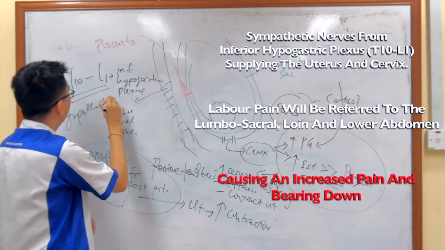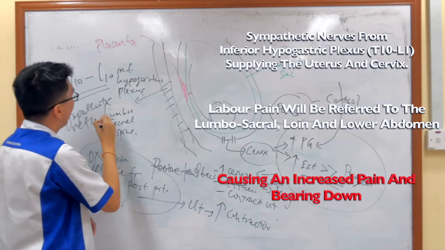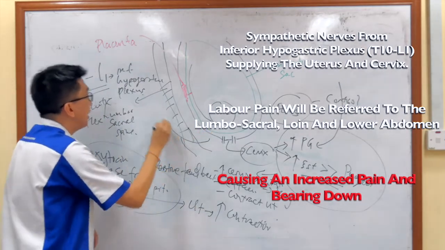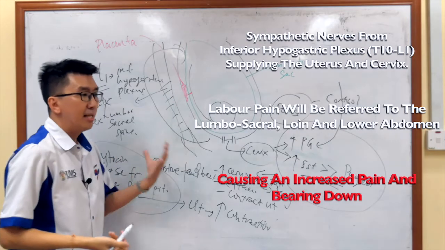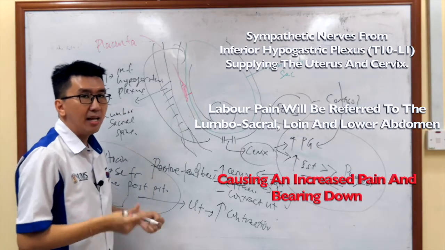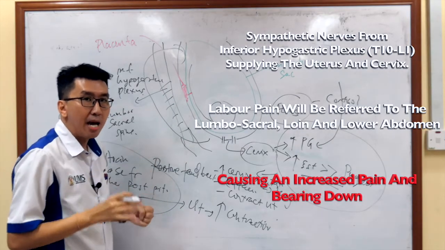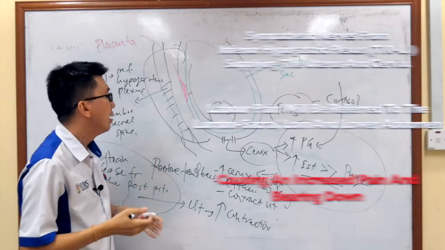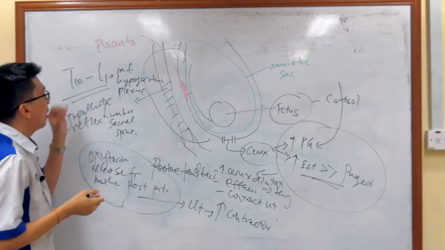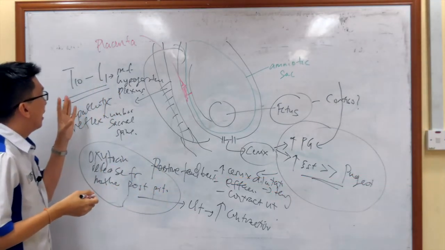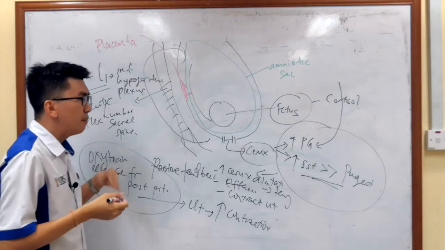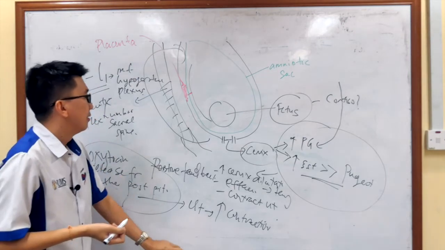Sympathetic reflexes from the thoracolumbar region will cause increased pain, and all these receptors will be activated, and the mother will have to bear down in pain. Together, thoracolumbar T10 and L1 will cause an increase in the pain.